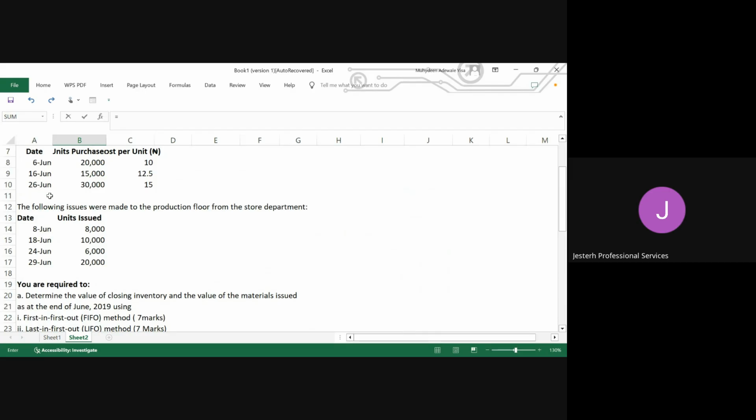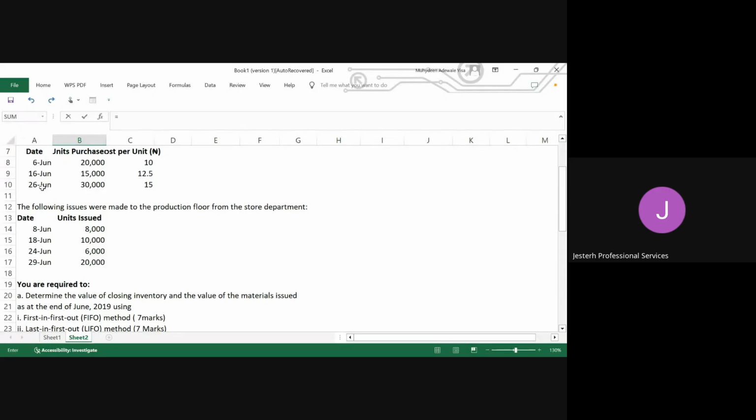Now let's look again. On the 26th of June, that is when they decided to purchase another product, because they noticed that the materials in the store were going down, and maybe due to demand from their customers, they had to reorder the product so that they can fill their stock.